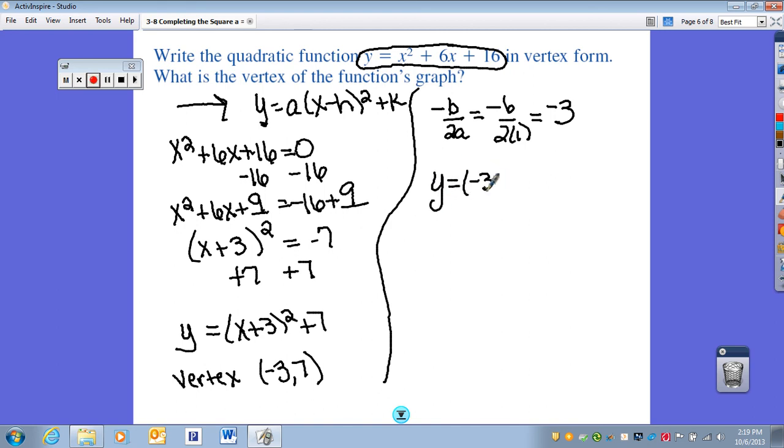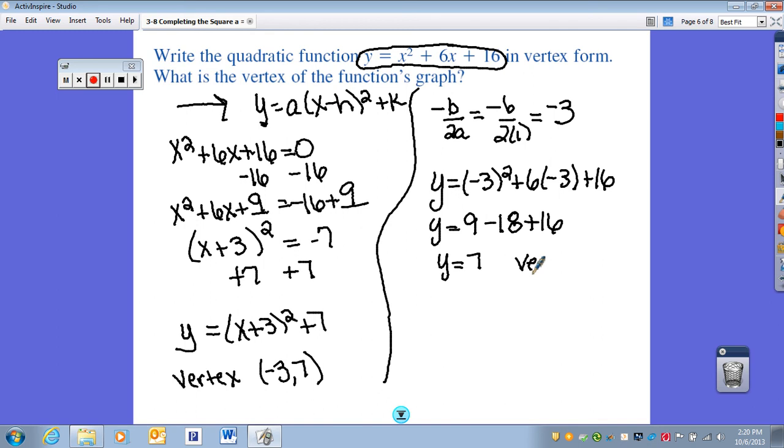So we have negative 3, the quantity squared, plus 6 times negative 3, plus 16. So we have 9 minus 18, which is negative 9, plus 16, and that gives us the answer of 7. So our vertex is the point negative 3, 7.